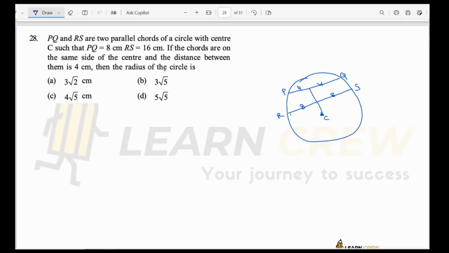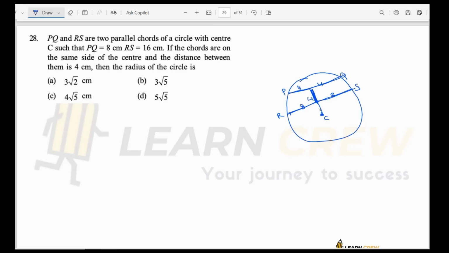Now, what is asked finally? If the chords are on the same side of center, the distance between them is 4. So the distance between this chord and this chord is given as 4.